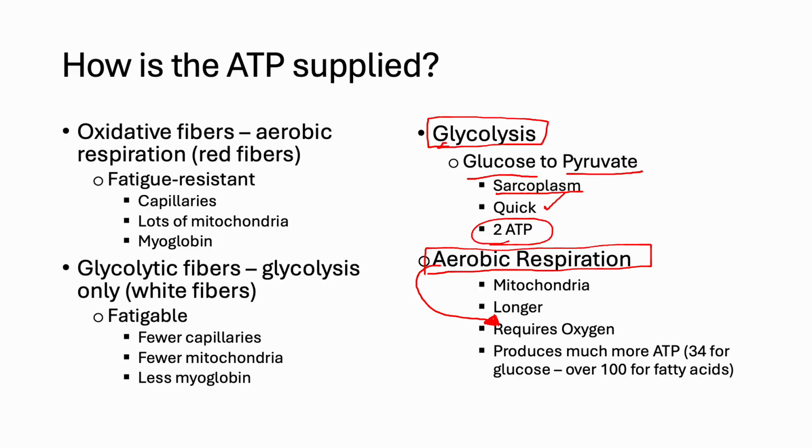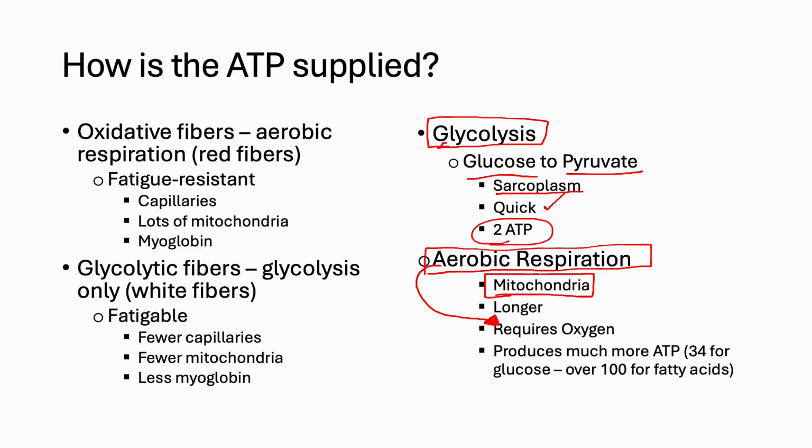Now, glycolysis occurs in the sarcoplasm, but aerobic respiration occurs within the mitochondria. So if muscle fibers are carrying out aerobic respiration, we need lots of mitochondria. If glycolysis was a multi-step process, this is many more steps, so it's going to take longer to generate ATP this way.